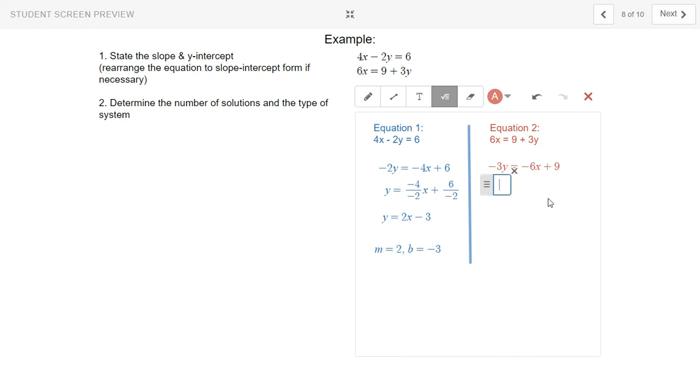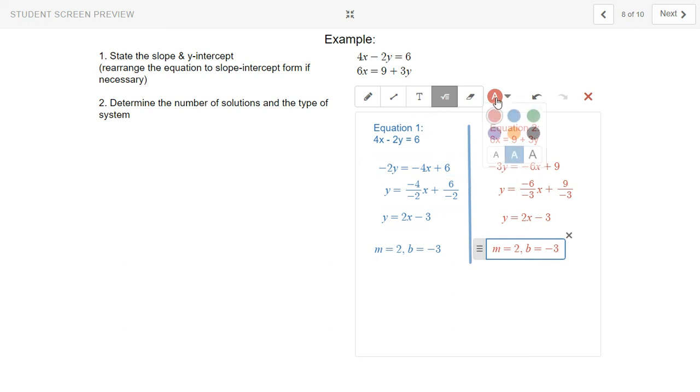Let's divide everything by negative 3. Negative 6 divided by negative 3x plus 9 divided by negative 3. We simplify this, y is equal to 2x minus 3. So slope is 2, y-intercept is negative 3.